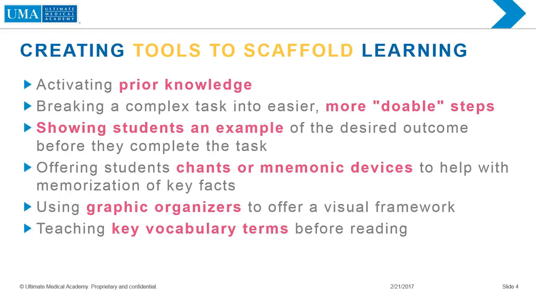We want to make sure that we're providing an example of what the desired outcome is. We could provide chants or mnemonic devices, graphic organizers, which tend to help with that visual framework piece, and also helping with key vocabulary terms that we would provide before they start reading a text.